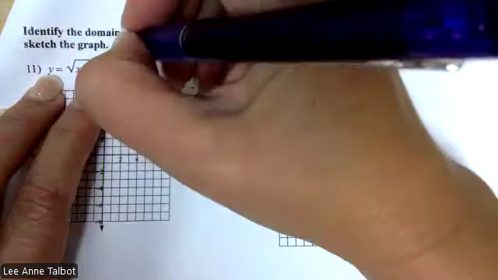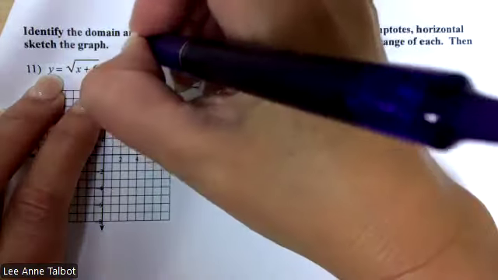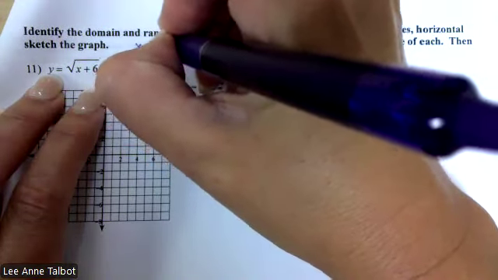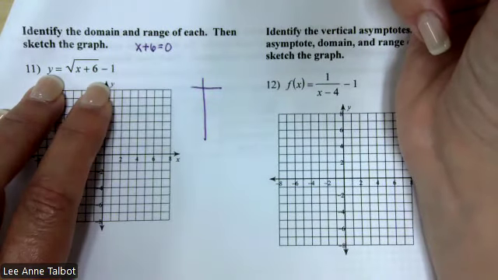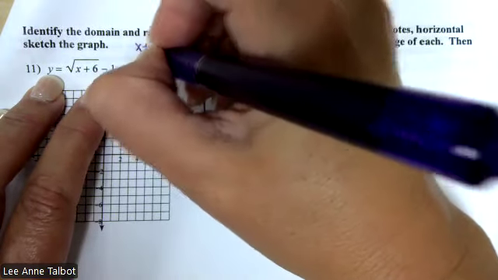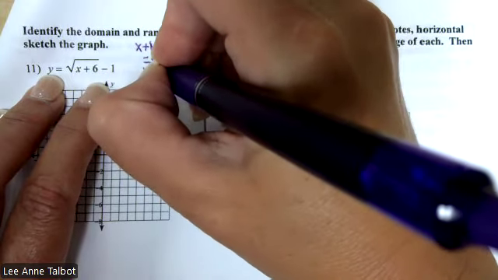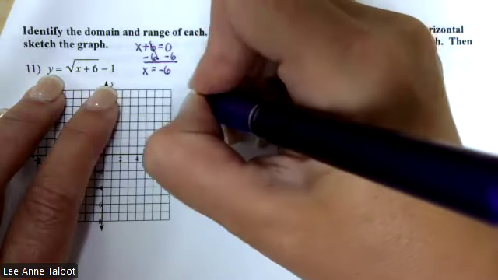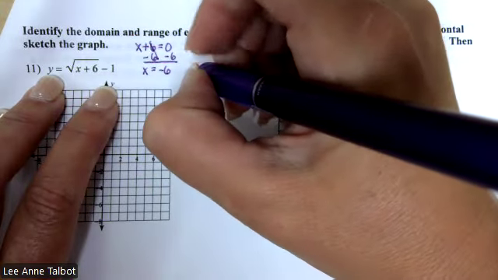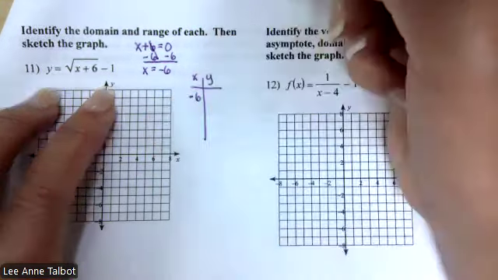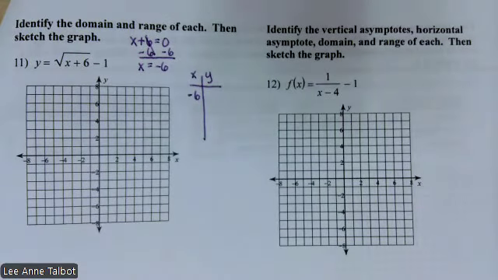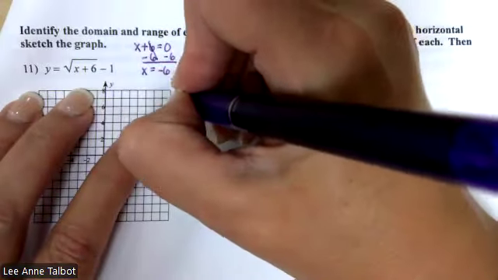Okay, and what we do is we say x plus 6 equals 0, minus 6. That tells us where to start our table, and that's where our endpoint will be.